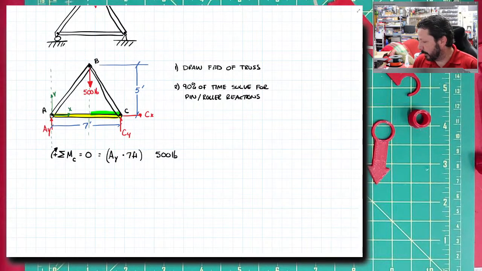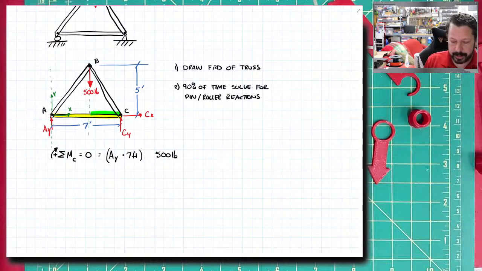But technically, it could be different than that. You'd really need another piece of information to verify that. We're going to assume that this truss has bilateral symmetry. So that makes this moment arm 3.5 feet.